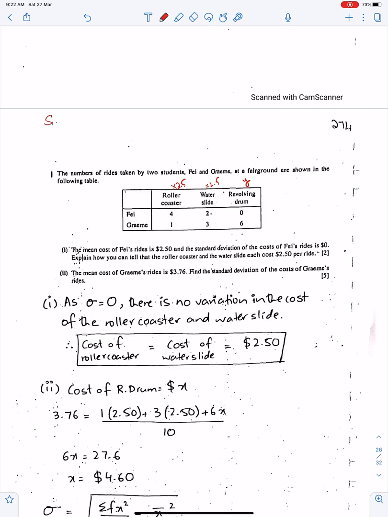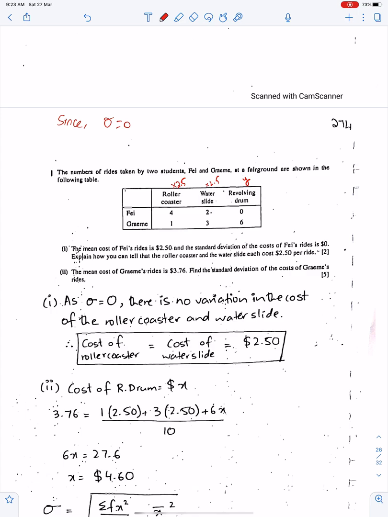Since all observations are the same, therefore all rides must cost the same.